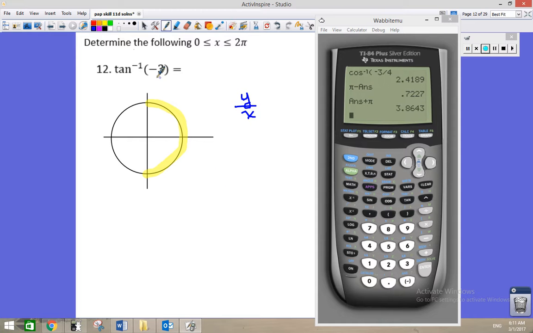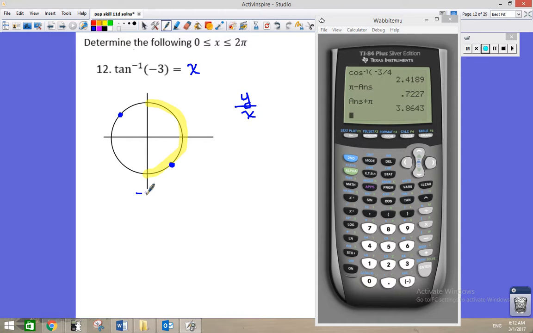And tangent has a negative ratio if x and y are opposite in sign. So I've got a point here in quadrant 2 and a point here in quadrant 4 that's on the unit circle. There are going to be two solutions. There are infinitely many solutions that satisfy this equation, but only two of them are going to be between 0 and 2 pi.